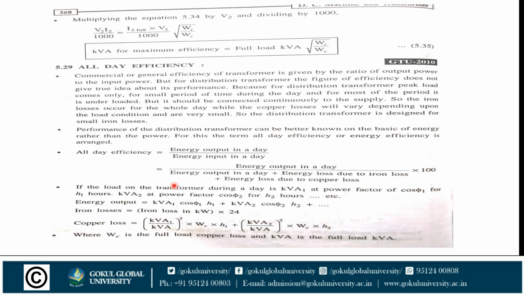At other times the transformer will operate at underload condition. So what we have to do is manufacture a transformer in such a way that its iron loss will be minimum. So this term is required, all day efficiency, or you can say energy efficiency of the transformer. Thank you.